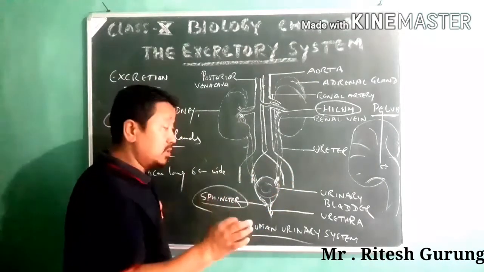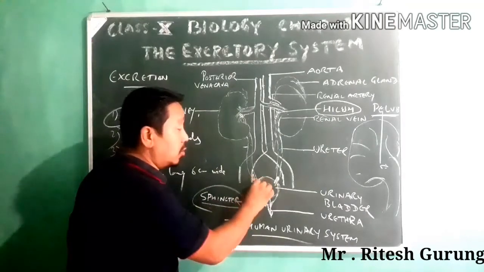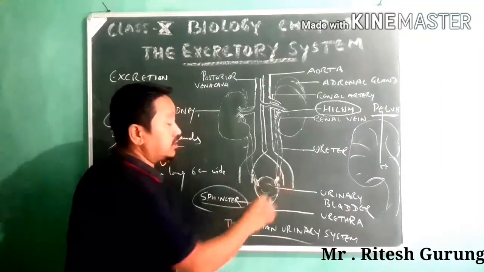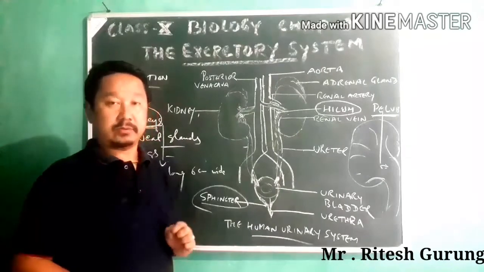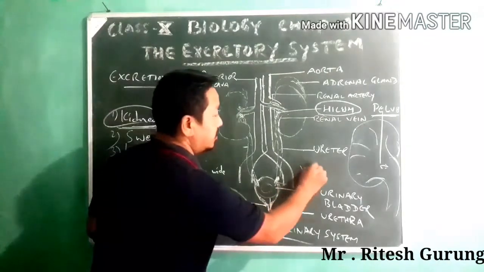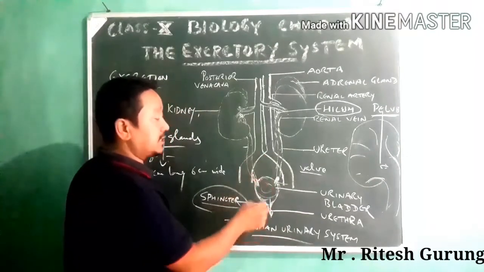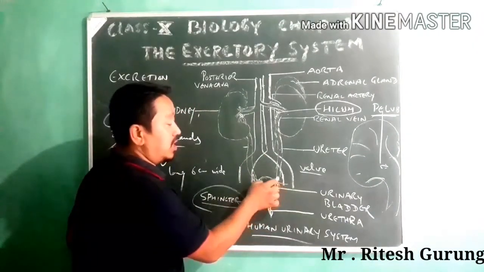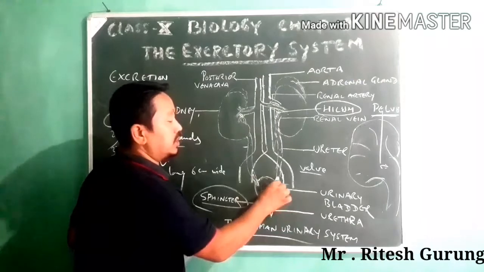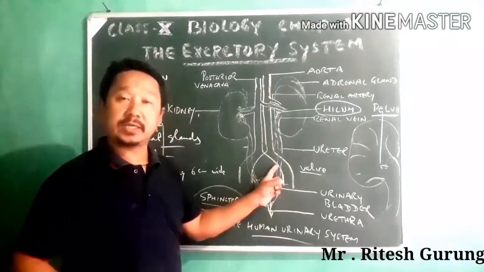But it doesn't happen, because the opening of the ureter acts like a valve. So when the bladder contracts to pass out the urine, this valve remains closed, so that urine doesn't flow back to the ureter.